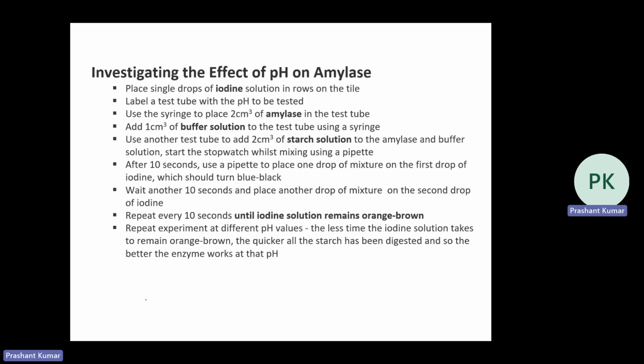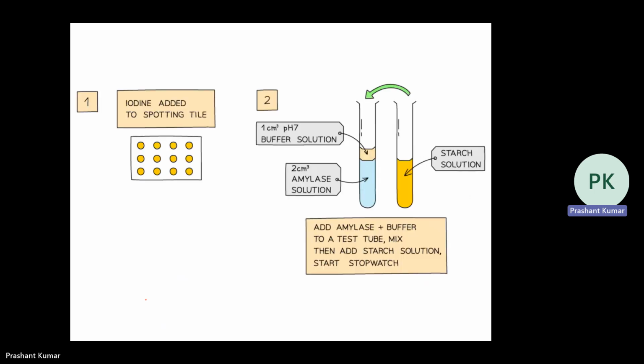In the same way, you can also check the effect of pH on the enzyme amylase, and we have to do the same kind of investigation. So let's see how to do this. First we have iodine added to spotting tiles, same type of reaction. Here we have taken two solutions.